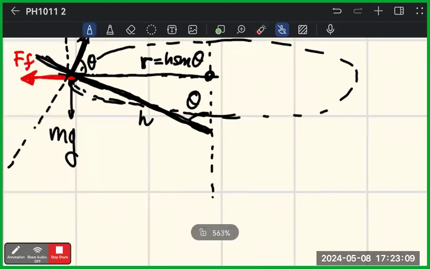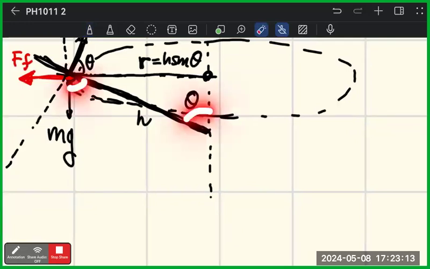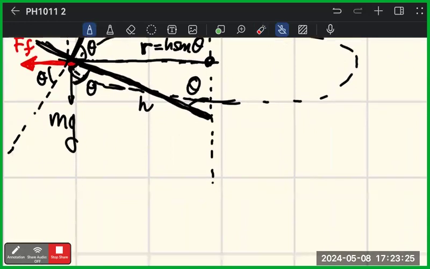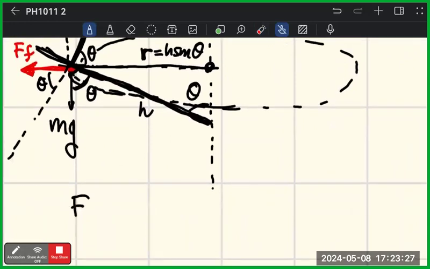Okay, so let's get back to the drawing. This is theta, this is theta, basically. I mean, this is the big angle, and this is also the big angle, theta. So it is easily found that FF sine theta equals mg cos theta.